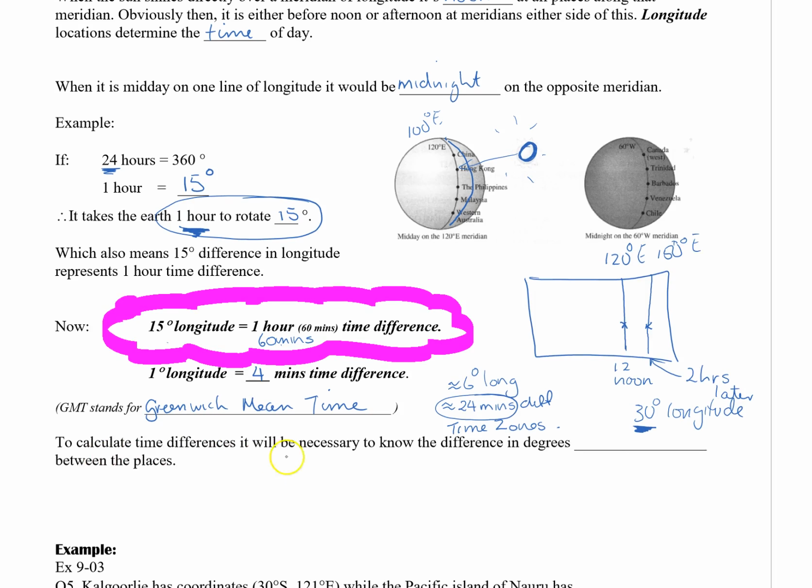So to calculate time differences, it'll be necessary to know the difference in degrees longitude between places. For most of these questions, we're not going to consider time zones. We're just going to find the difference in longitude, like I would have here between Sydney and Melbourne, and then I would have said, well, the difference in time should be 24 minutes.